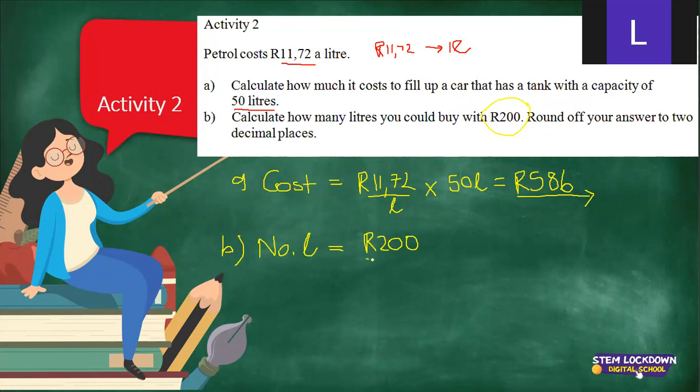So divided by 11 rand 72 per liter. Notice your rands will cancel out because I want to know liters and I'm left with liters in this case. So 200 divided by 11.72.